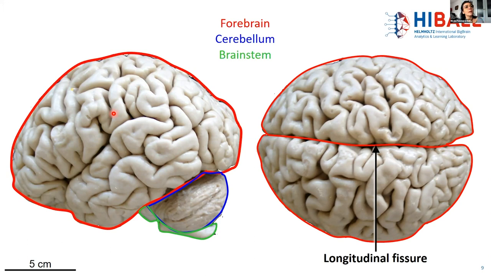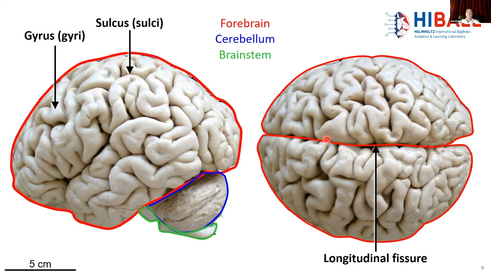The gyri are separated by so-called sulci, right? So the sulci are the grooves in the forebrain, and the gyri are the bumps in the forebrain. The individual folds in the cerebellum don't receive a name. So that's a good bit of news for you. That's one term less that you would have to learn.